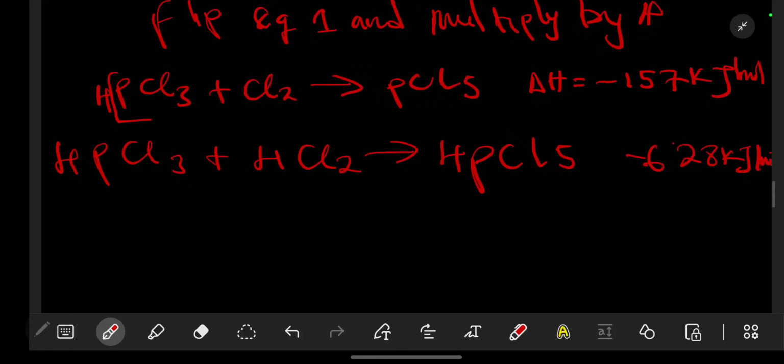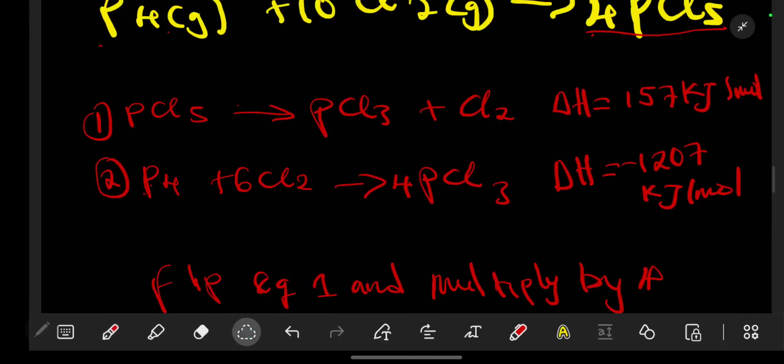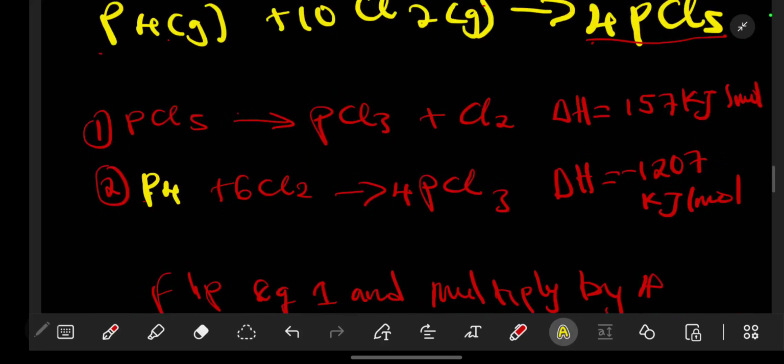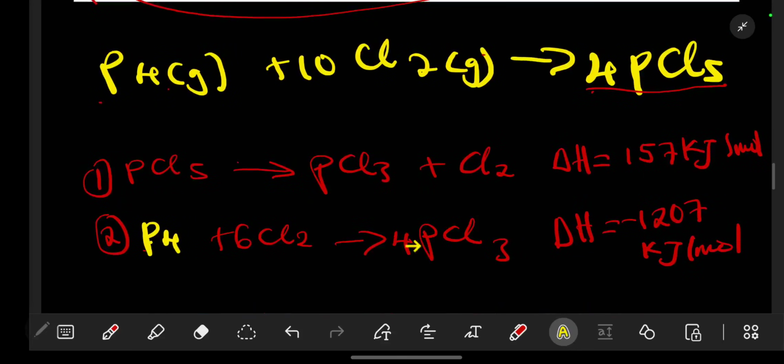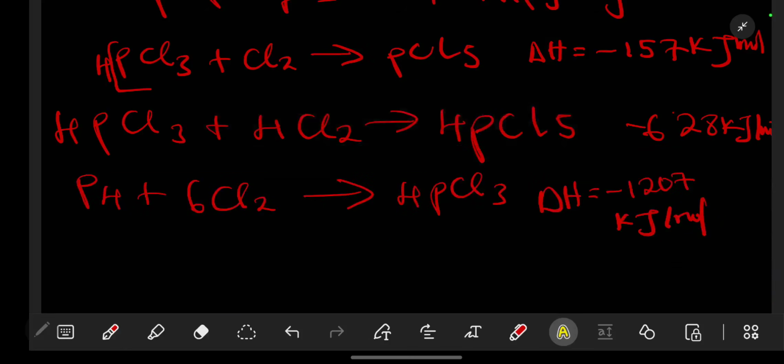Then when we do this, we are going to get this second equation. Since this second equation has P4, which is what they want, and this side has this, which is also found on the other side, we put the equations together. We compare: if there is anything common on different sides, you cancel it if the coefficients are the same. So we cancel them.